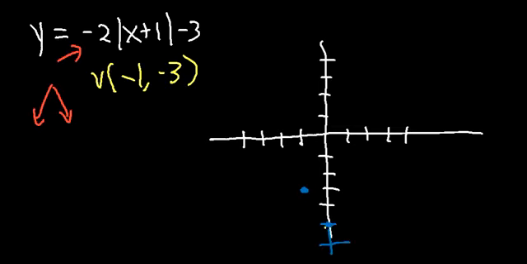Let me use a different color. And 1 to the left, down 2. And one more time, 1 to the right, down 2. 1 to the left, down 2. So it's going to look something like this. So that's how you can graph absolute value functions.